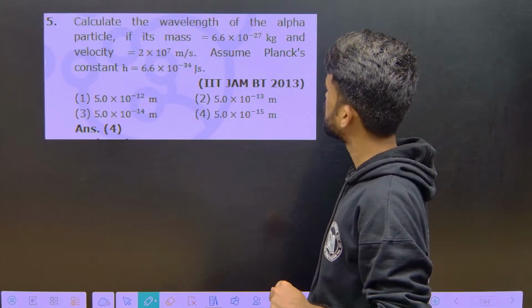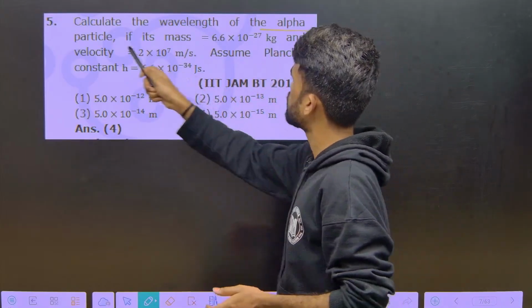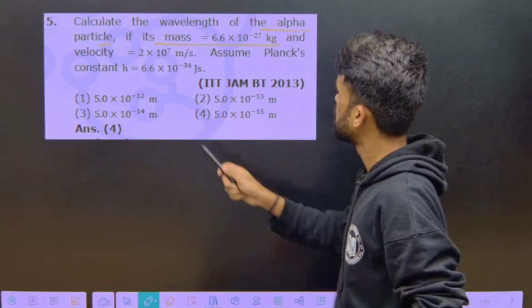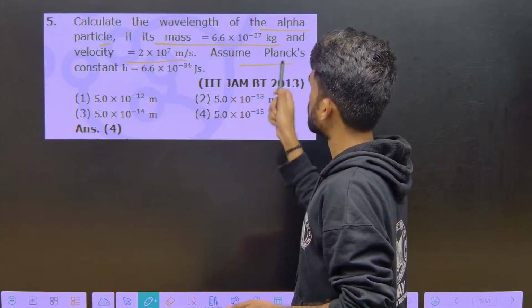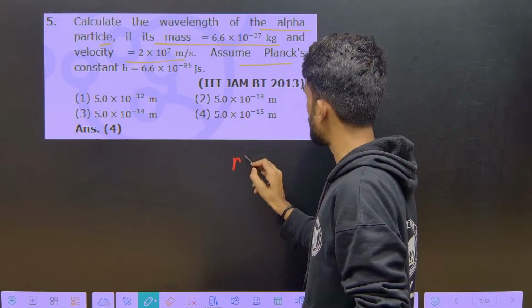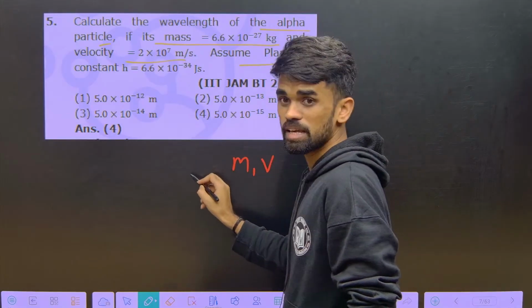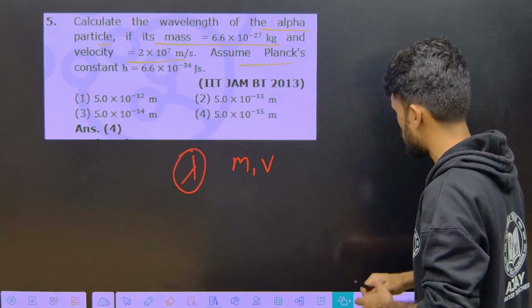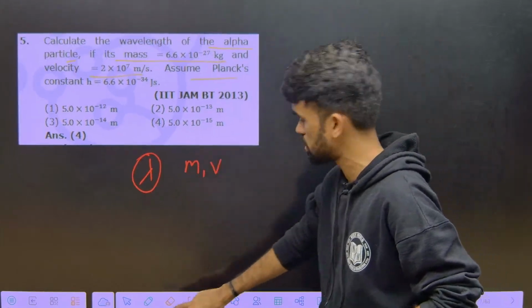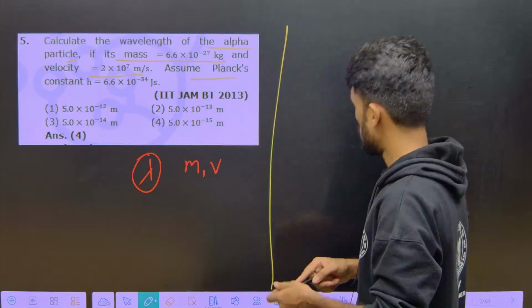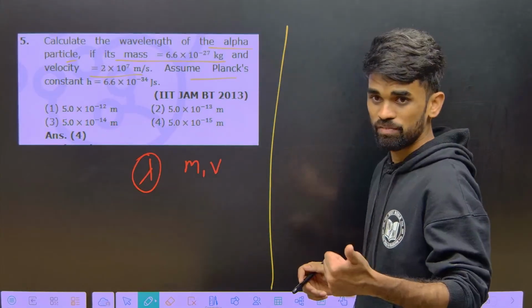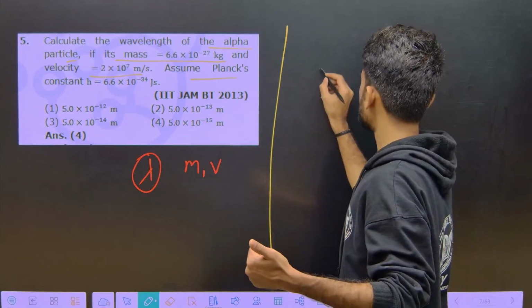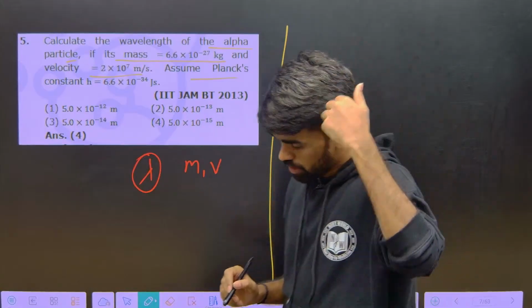Calculate the wavelength of an alpha particle, if the mass is given and the velocity is given. So what are the things they have given? Mass given, velocity given, asking about wavelength. Here itself I just wanted to conclude the de Broglie wave equation also, so I do not have to go to the slides again. What is the de Broglie wave equation? We know light has dual nature.